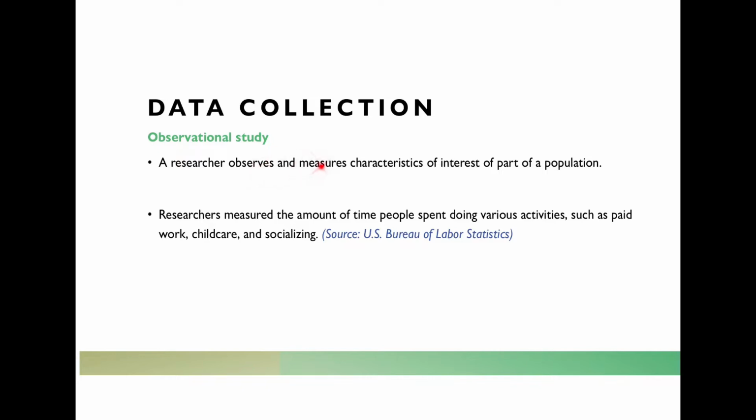We're trying to observe and measure characteristics of interest to us as a part of the population. So the key thing to remember with observational data is we are just observing and trying to collect. We're not interfering with that population. We're just trying to collect.